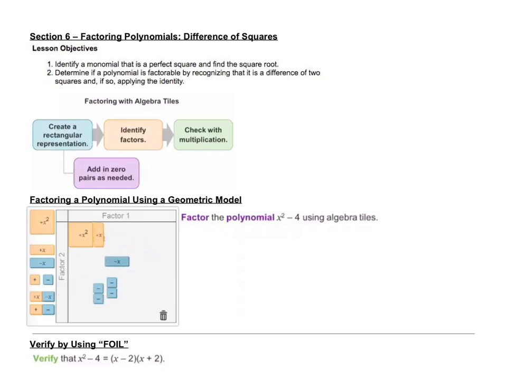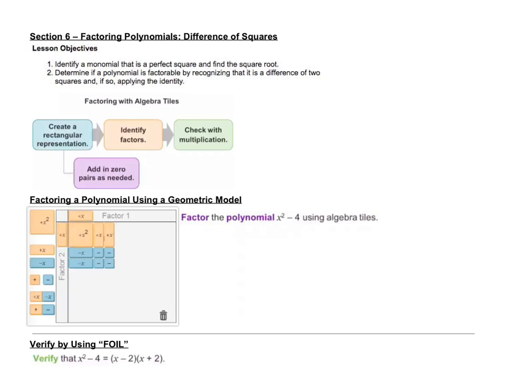So what we have to do is add a positive and negative x that would add to 0 to hopefully give us the square rectangle that we need when we're doing this. Okay, so we realize that we have to add in a couple of these in order to get that. And so you have x squared minus 4. Now negative x plus x, those add to 0.